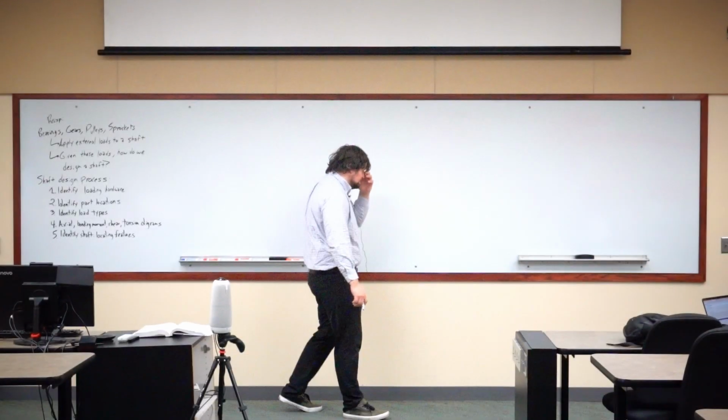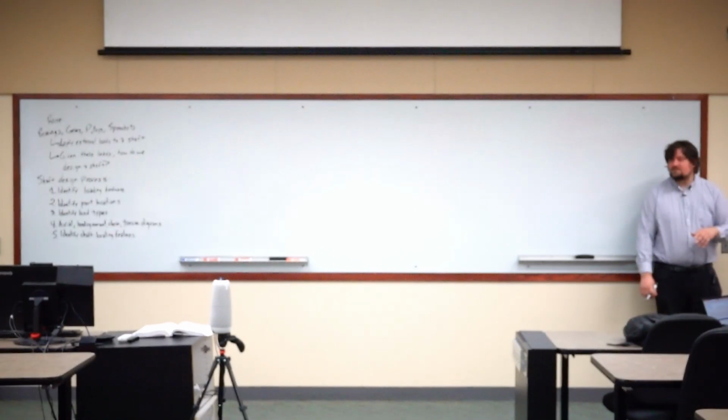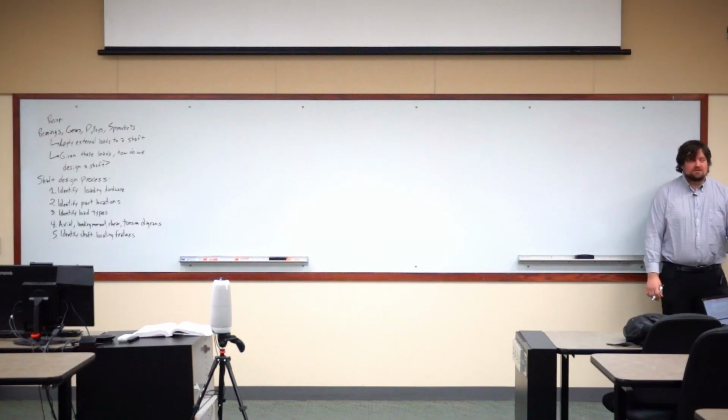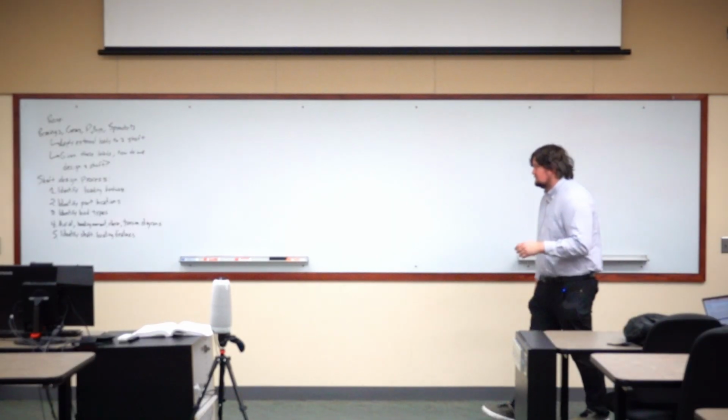So the second piece of what I said, of the lecture that I gave on Friday, was how to axially constrain components. That's what we need to do here. We need to axially constrain components.